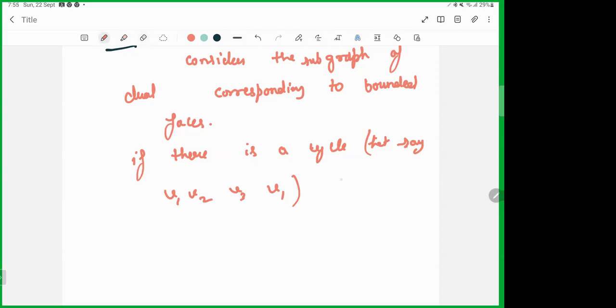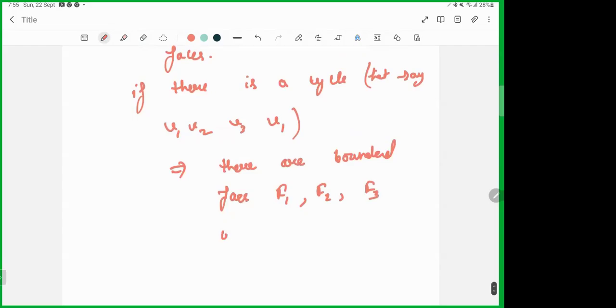This implies there are bounded faces F1, F2, F3, which are all adjacent to each other.